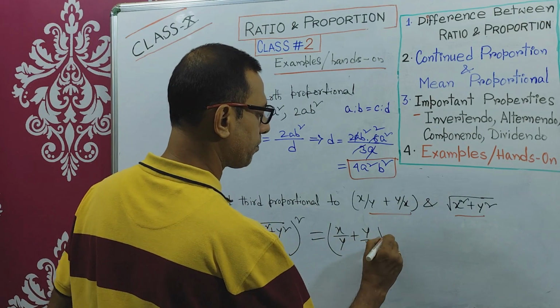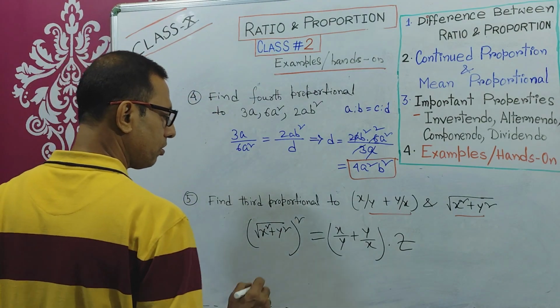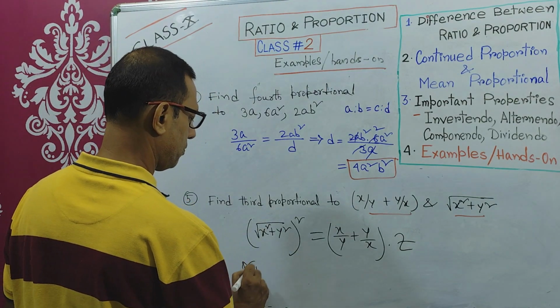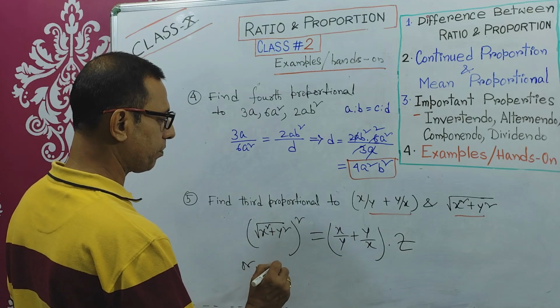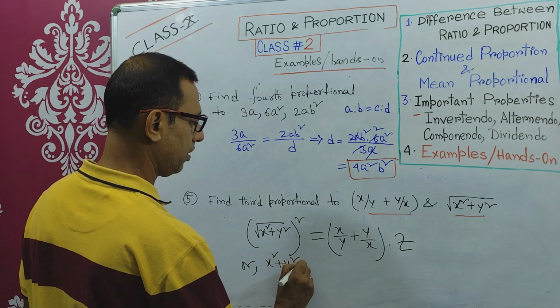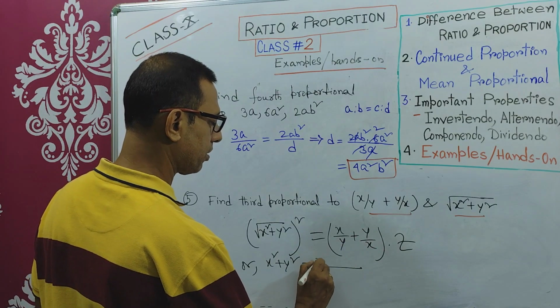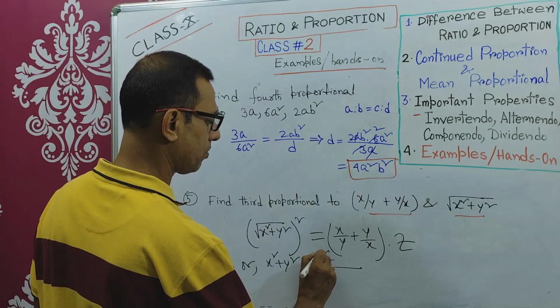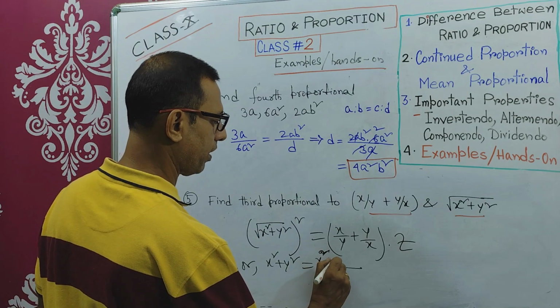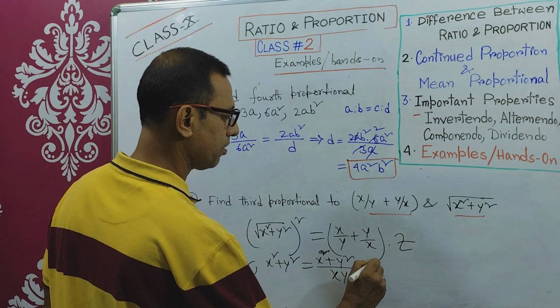If the third proportional is z, I assume third proportional is z. So root over x square plus y square whole square means x square plus y square equals, you just do the addition, x square plus y square by xy into z.